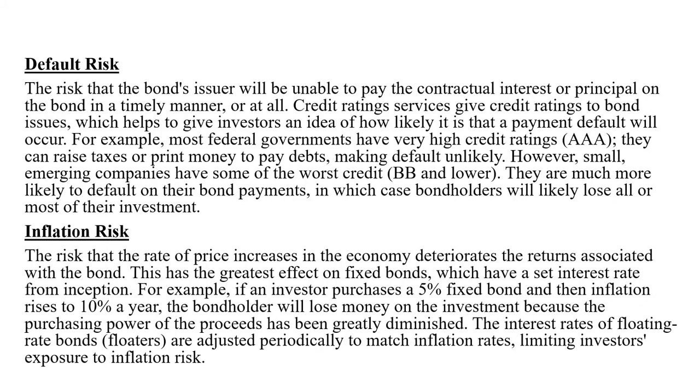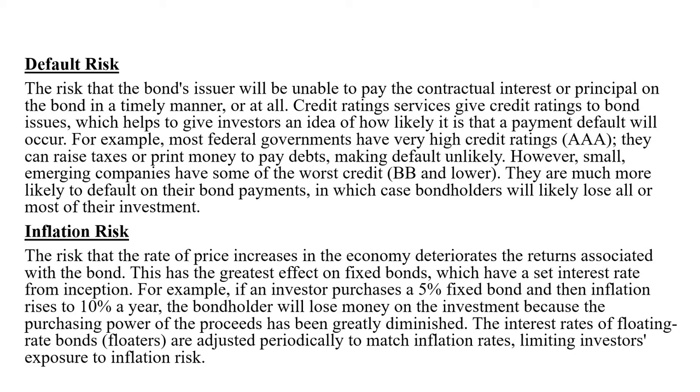Okay, next is default risk. So what is default risk? Default risk is a risk where the issuer of the bond is not able to pay the interest on the investment or the principal amount in time. Here what happens? For example, you purchased a bond of some XYZ company.